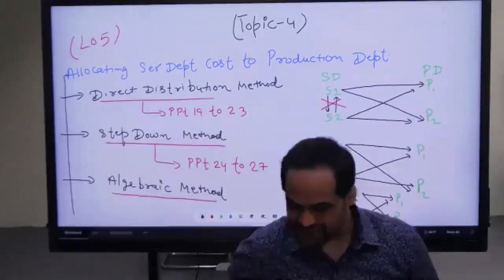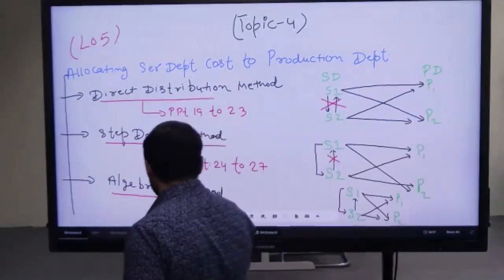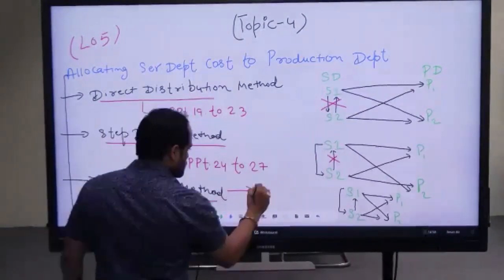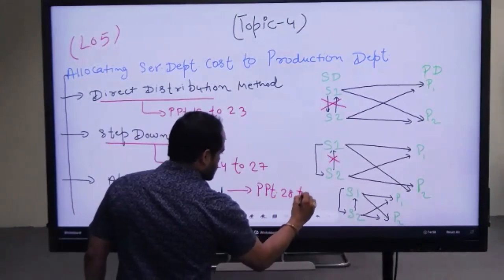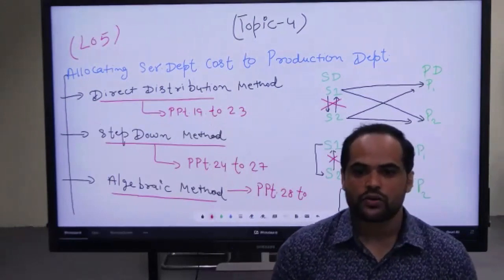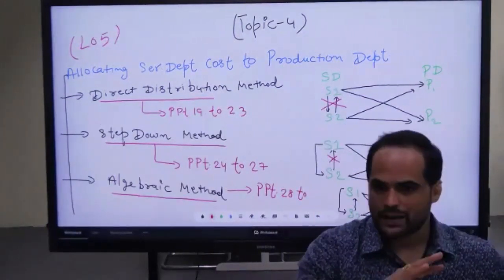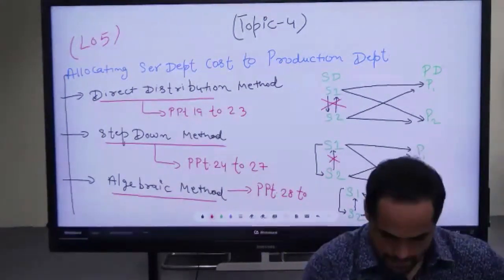So I guess your slide number is 28. Now we move on to the calculation of the algebraic method. Same question, same numbers, but the allocation will be different.